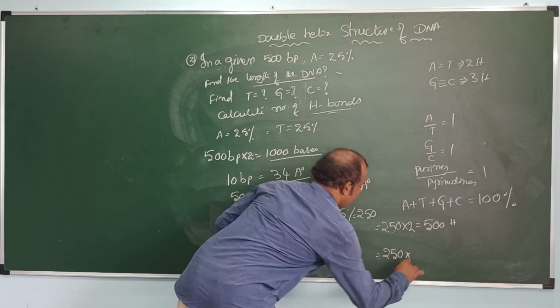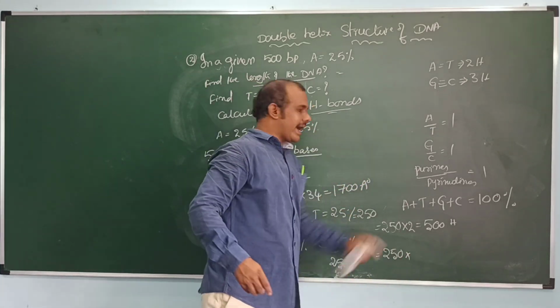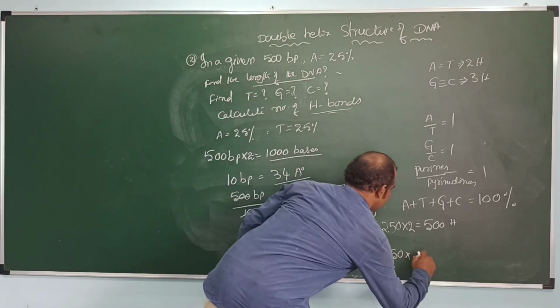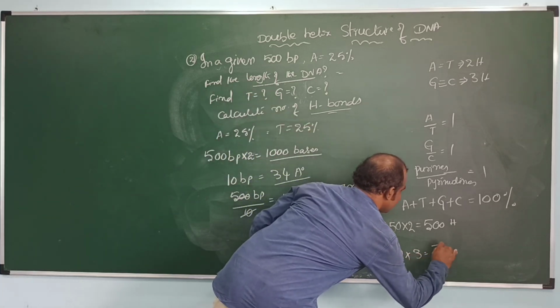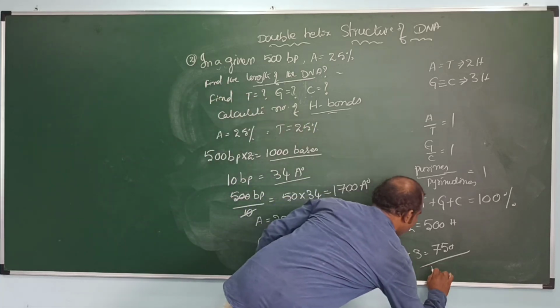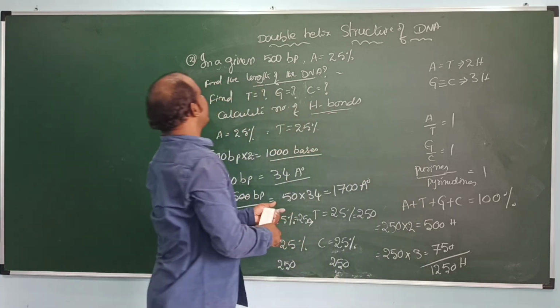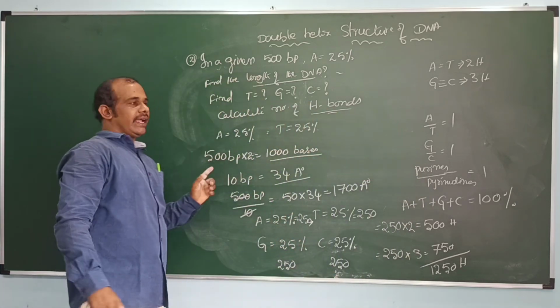How many hydrogen bonds are present between G and C? 3 hydrogen bonds. So 250 into 3 is equal to 750. So the total hydrogen bonds are 1250 hydrogen bonds present in the given DNA.